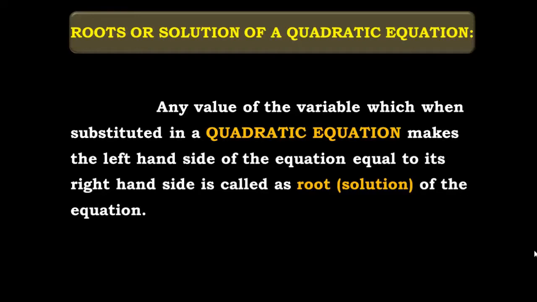See student, remember, any value which is substituted in the left hand side of the quadratic equation and the left hand side becomes equal to the right hand side, then that value is called a root or solution of a quadratic equation.